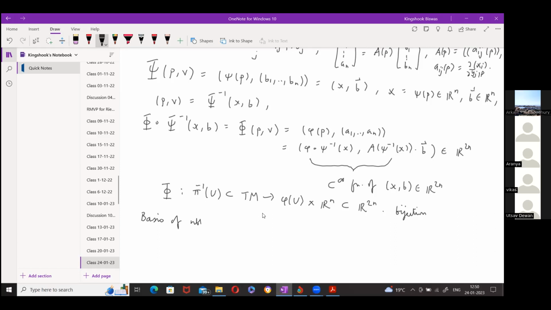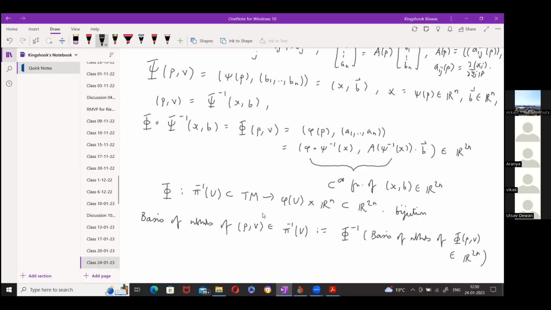So a basis of neighborhoods of a point (p, v) in pi inverse of U, you define to be phi inverse of a basis of neighborhoods of phi of (p, v) in R^2n.